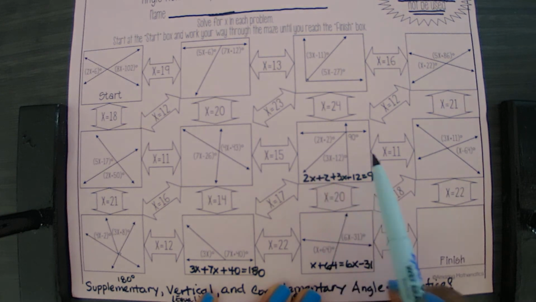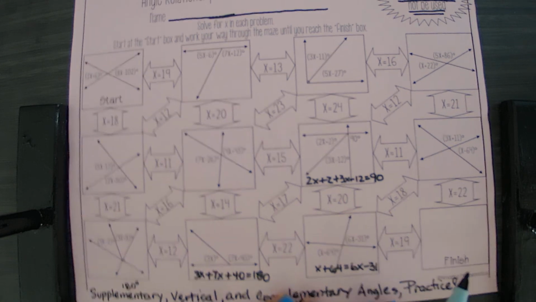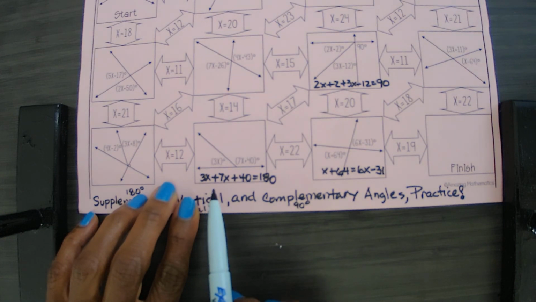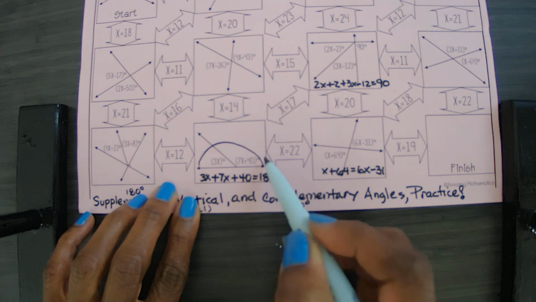Now that doesn't mean that you work this problem actually in the maze, but I did go ahead and choose some. This is a right angle, so we say 2x plus 2 plus 3x plus 12 equals 90. Okay? Supplementary angles are a linear pair, so these together are going to be 180.